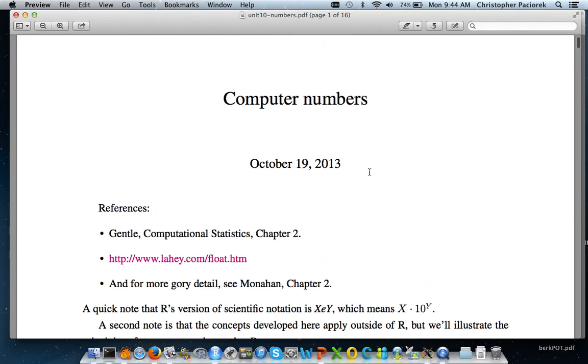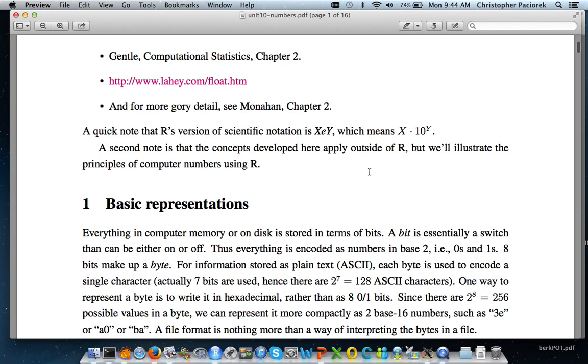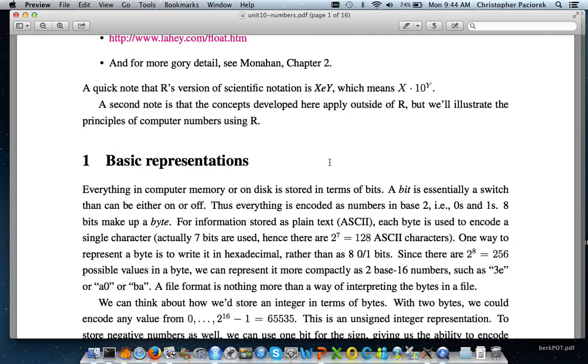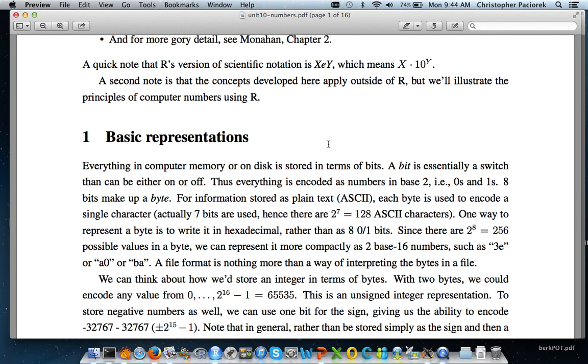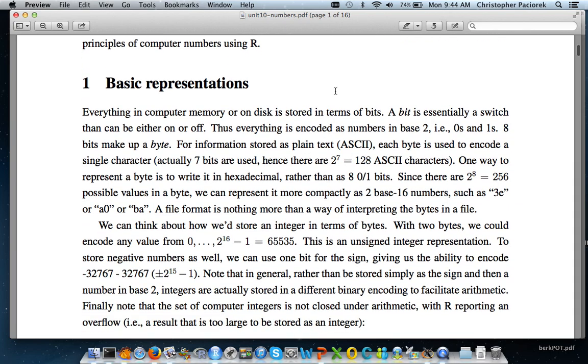But it's information that a lot of people don't realize when they're using a computer, and it can come back to bite you in a lot of contexts unless you know what's going on. So it helps to have a fairly detailed understanding of how numbers are handled and represented on a computer, so that we know what to be concerned about and what will work and what won't work.